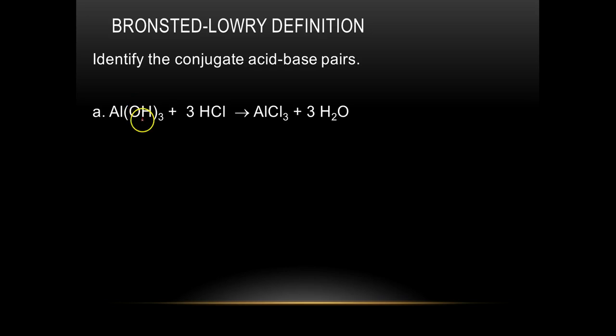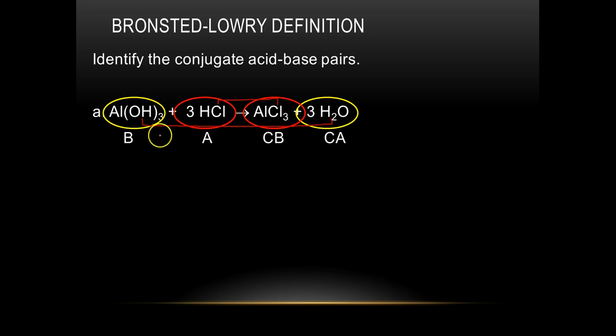Well, it came over, got a hydrogen from the hydrochloric acid, and became water. And what happened to the HCl? Well, it lost the H and became chloride, which went into the aluminum chloride. And so we have two different sets of conjugate acid-base pairs. The OH in the aluminum hydroxide became water, and the HCl became a chloride ion in the aluminum chloride. Let's do a couple more. Okay, so this is our base, and this is its conjugate acid. This is our acid, and that's its conjugate base.